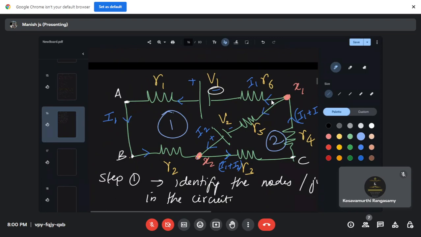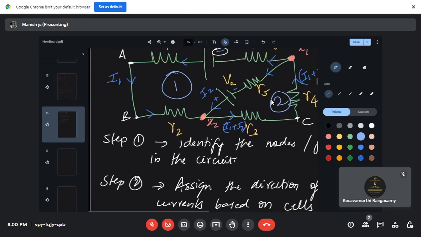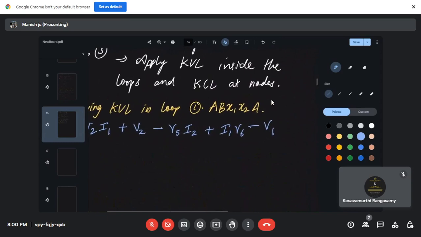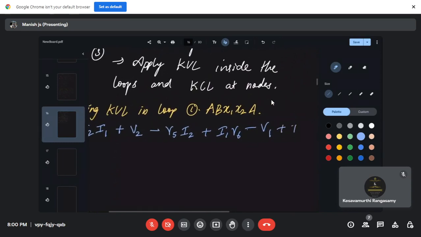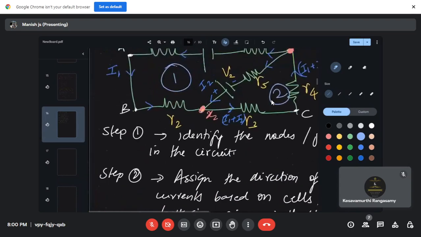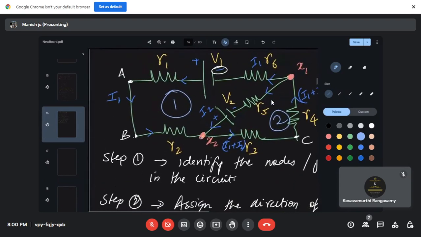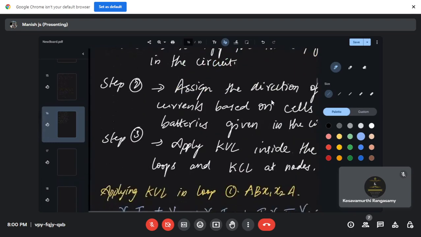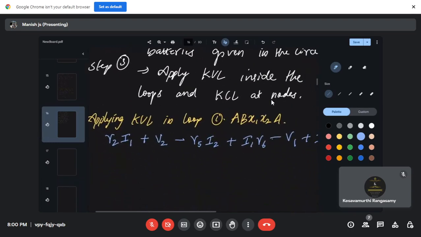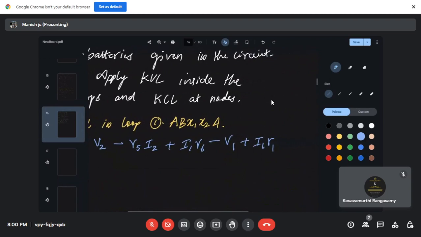Plus I1 R1, only because again we are moving in the same direction. Now have we come back to the same point from where we started? Yes, we have come back to point A. So the sum of all the potentials in the closed loop is equal to 0. So this total expression is equal to 0.